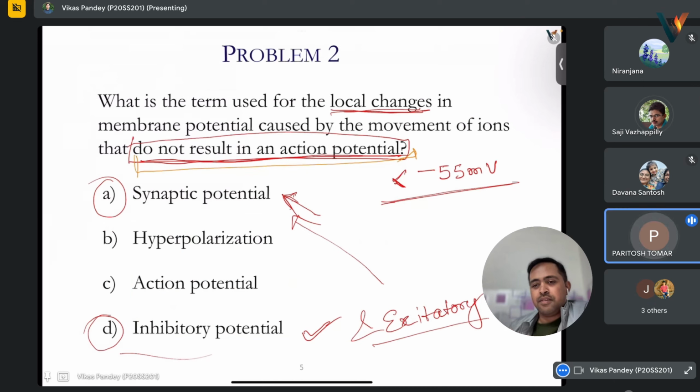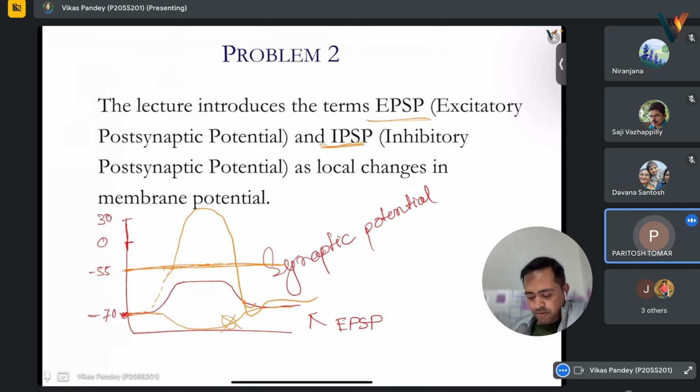So can you explain the last statement again? I had the very same doubt that Saji sir also has. That if you get this EPSP beyond minus 55, the difference is I think 15, right? If it is more than 15 volt, so what will happen?